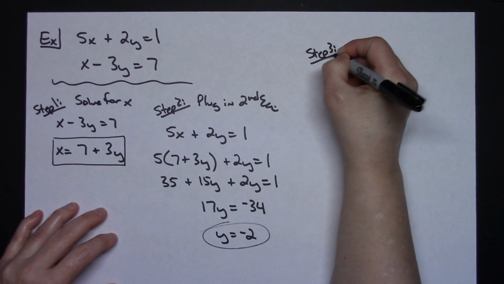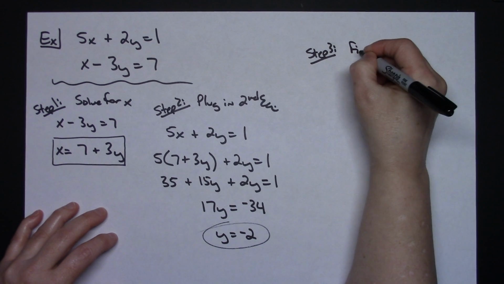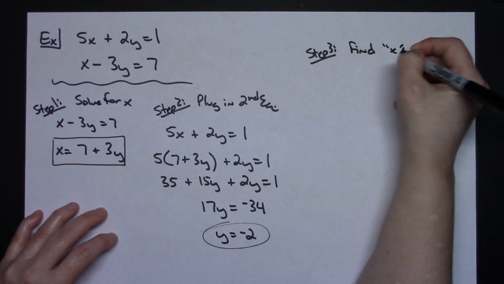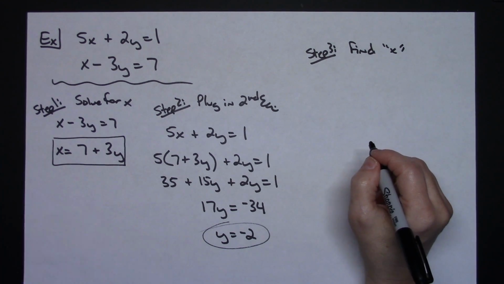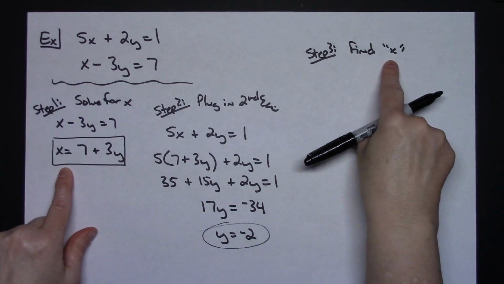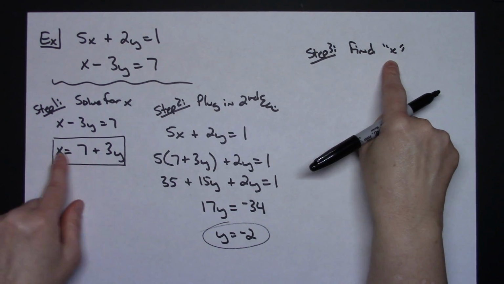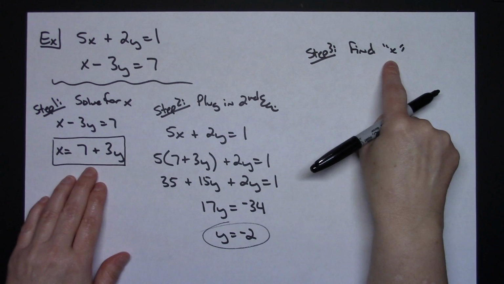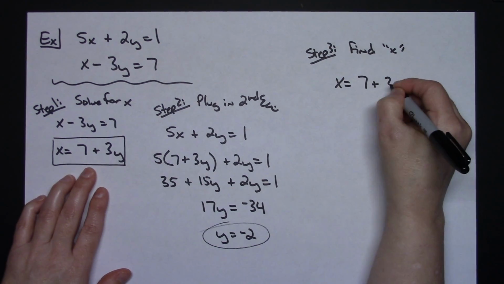Okay, so then my third step, let's move up a little bit so I've got more room to write. Step 3. Since I have y here, I need to find the x value, so let's just find x. Again, I could technically plug it into any one of these equations, but since I'm trying to find x, and this has already been solved for x, let's go ahead and use this. This is just an altered form of that, so I can do that. So x is equal to 7 plus 3y.